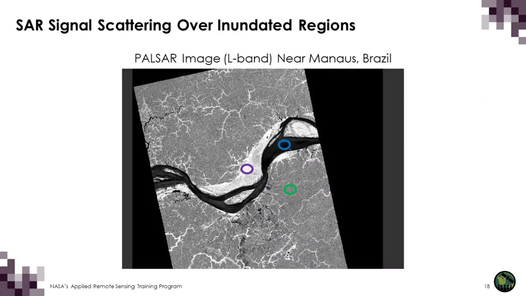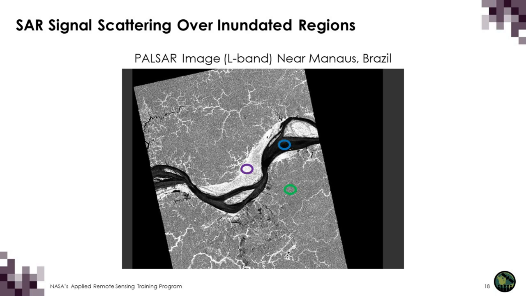So this is an example of SAR signal scattering over an area that has significant flooding. This is an L-band HH polarized image from the Japanese PALSAR sensor on board the ALOS satellite over an area near Manaus, Brazil. The area I've circled in green is volume scattering. So that's forest, which is a gray tone.